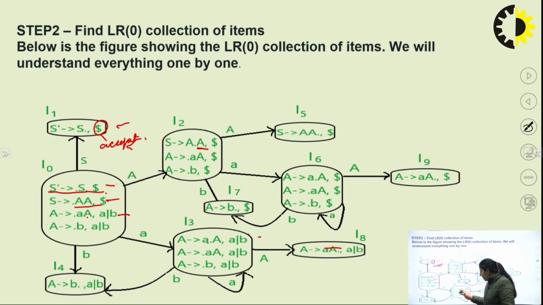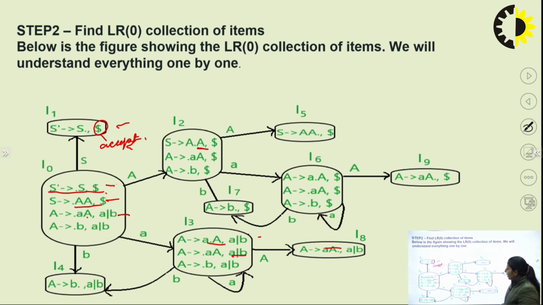Then we can see here dot A. A is a non-terminal and the dot precedes that non-terminal. So, what we have to do is write all the productions of A, but the look ahead is the same as that of this production, that is a slash b. So, we have included all the productions of A. We have two productions that we have included.